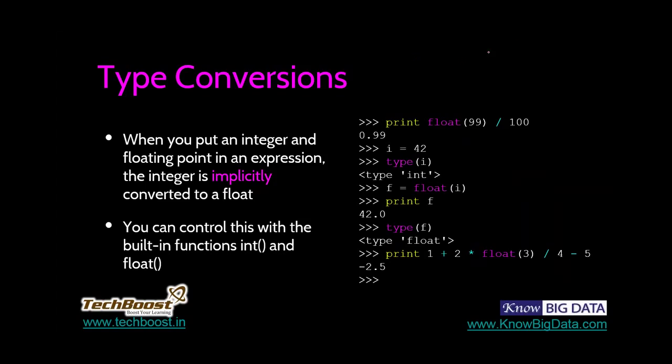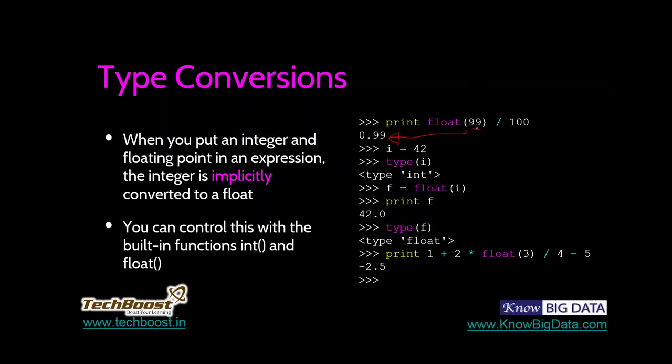Type conversion. This is an important function which will be used to convert the type of the data. Let's say I have a number 99 which I want to divide by 100, but I want my division to be exact, that is, it should give me the decimal values also.